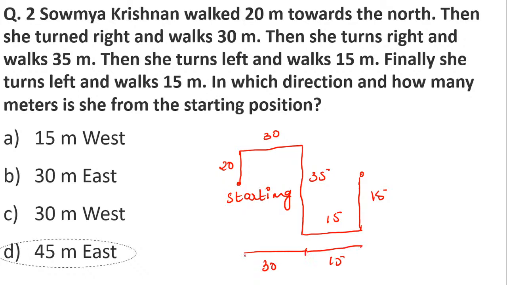So 30 plus 15 is how much? It is 45. Okay, and she is in the east direction, right? I did tell you, north is up, south is at the bottom, east is to the right, and west is to the left. So from the starting point, she is 45 meters in the east direction. That is why D is the right answer.